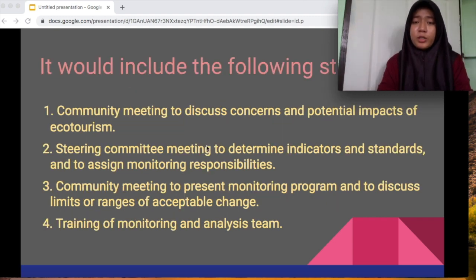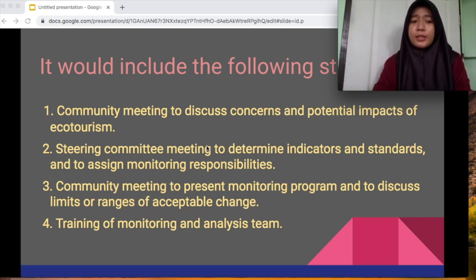That would include the following steps. First is a community meeting to discuss concerns and potential impacts of the ecotourism. For example, the manager and the stakeholders discuss the concerns and the impact of ecotourism in that area.